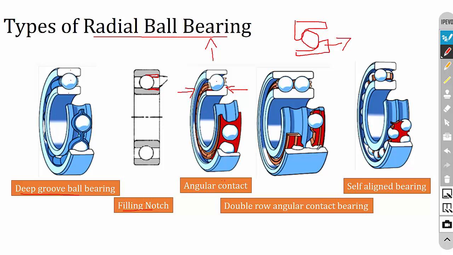So this angular contact bearing is designed in such a way that it can withstand radial load as well as a minimum amount of thrust load. The next one is the double row angular contact bearing. It is more or less like the single row angular contact bearing. In the single row, a single row of balls is used.